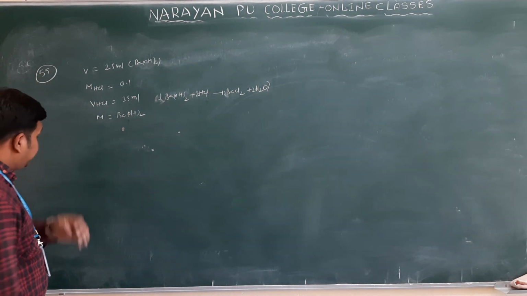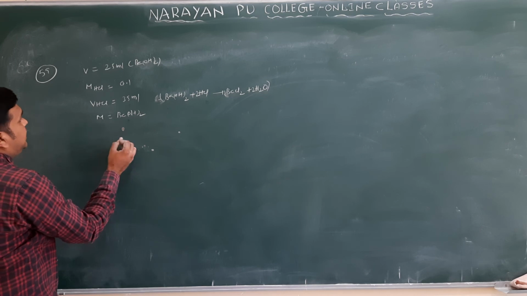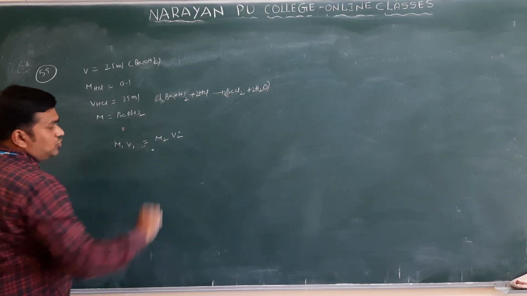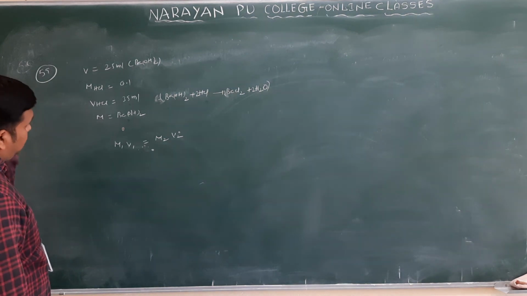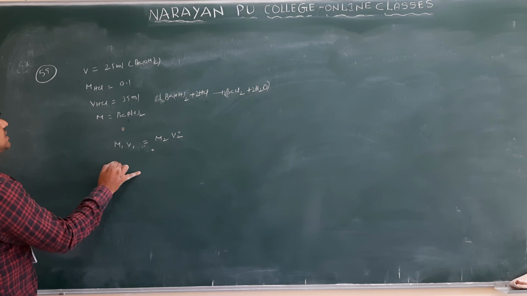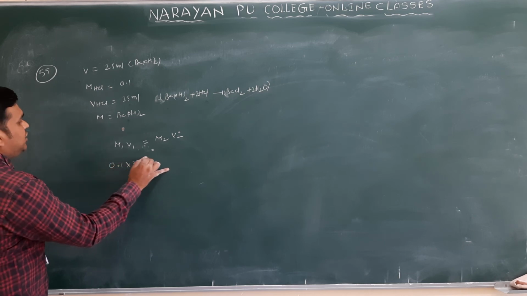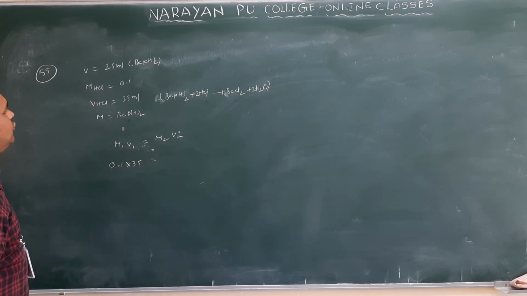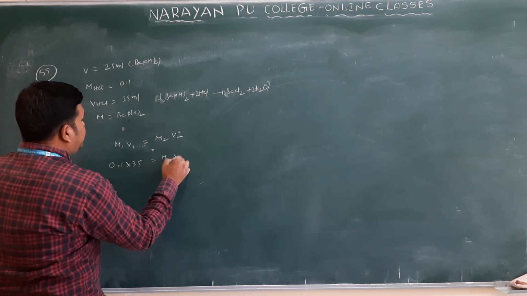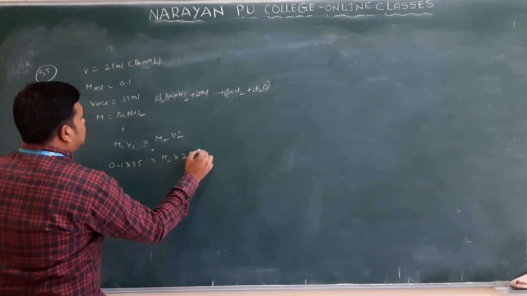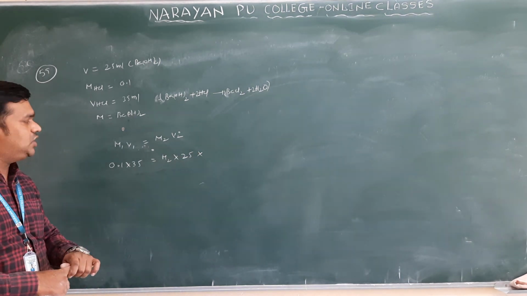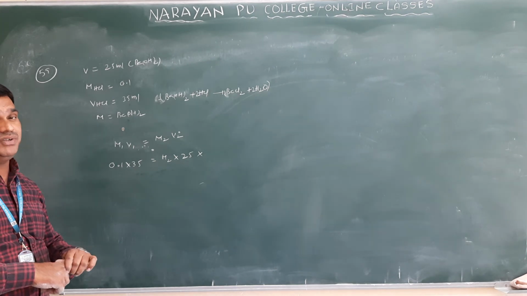So what will we compare here? Generally you can write M1 V1 is equal to M2 V2. Suppose I am taking HCl only. HCl molarity is 0.1 and volume is 35 only. So what is the molarity of barium hydroxide? You can find that: M2 into the volume given, 25 only. But we have to compare the N factor.